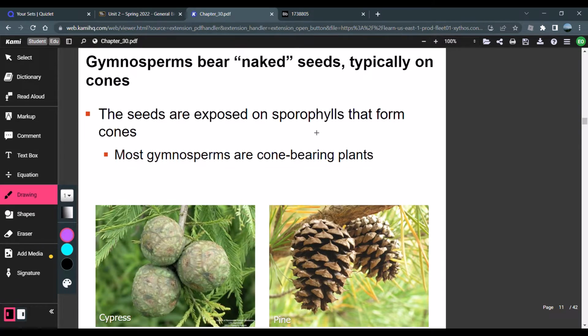So gymnosperms bear naked seeds, typically on cones. Gymno means naked in Latin, and sperm means seed, typically on cones.